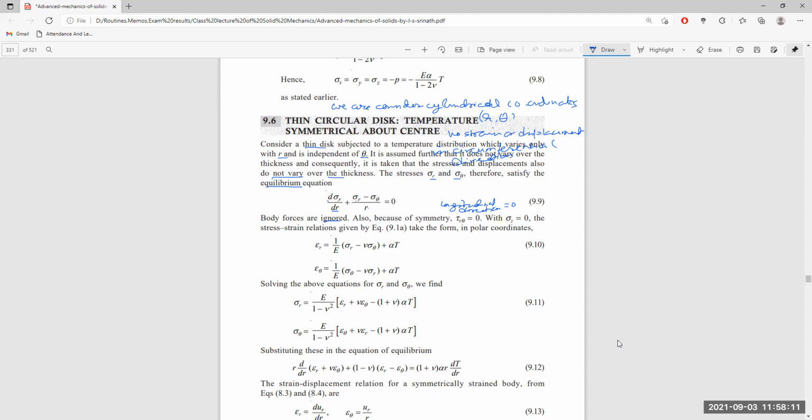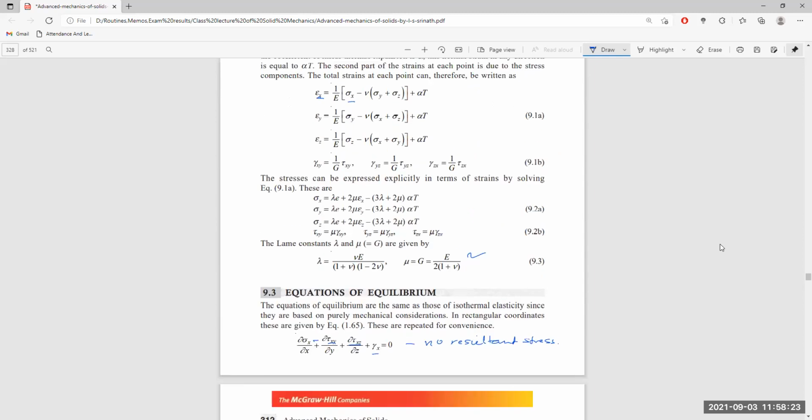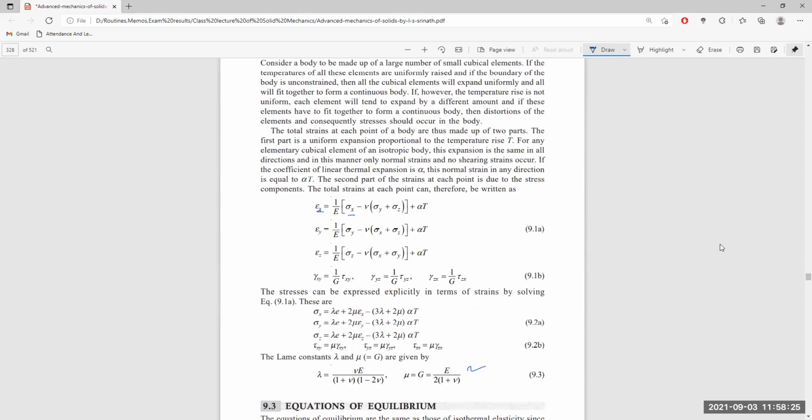Then the stress-strain relation will become, for sigma r in terms of polar coordinates, from equation 9.a, which is given in Cartesian coordinates x, y, and z.